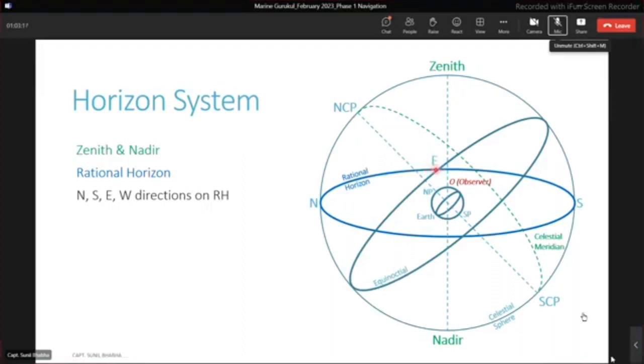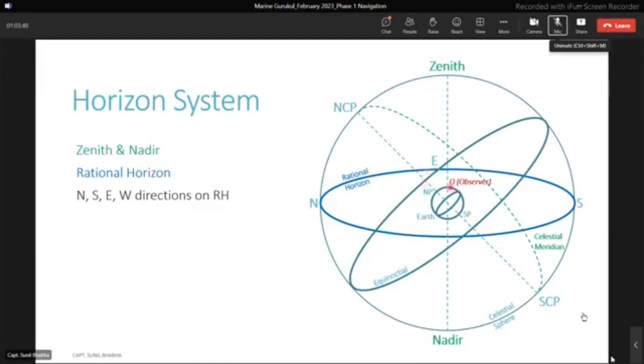You can visualize it on the ship also. Let us say you are on a ship which is steering 000. You are looking out of the bridge window. You are looking right ahead. The point which you see right ahead is the north point on your horizon. Now from that point, if you go towards the right or towards your starboard side for this particular ship, if you go to the right by 90 degrees, this is the easterly direction for you, or the 090 direction for you.